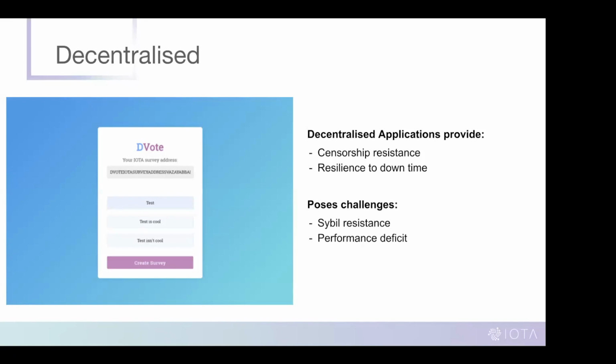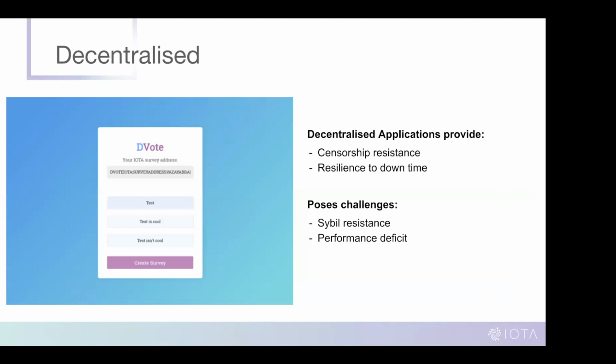But the problem that you have with any decentralized application is that anyone can access it, which means that anyone can send information to it or manipulate it in different ways, and you have to be very smart in the way in which you look at the data structures that you create, the application logic that you have, so that it doesn't get manipulated. And also, given that it is decentralized, it has a performance deficit.